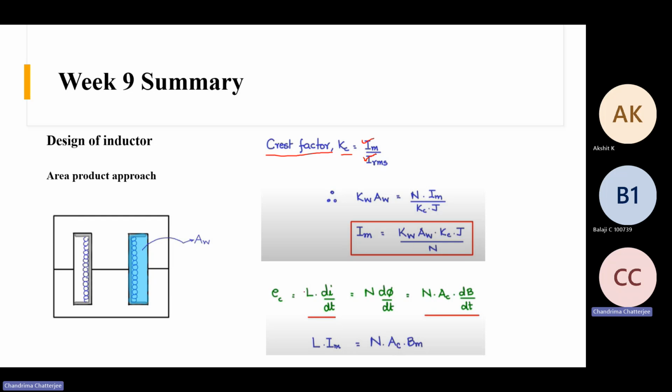And here again we are using Faraday's law. So E is equal to L di by dt equal to N d phi by dt. Phi is what? B into AC, right? B times AC. So that we saw, your flux density is phi by AC.